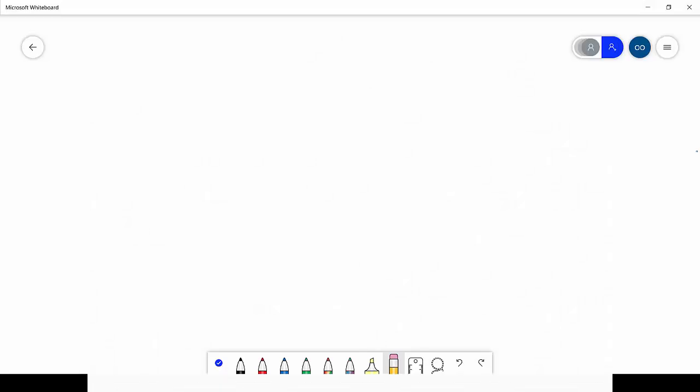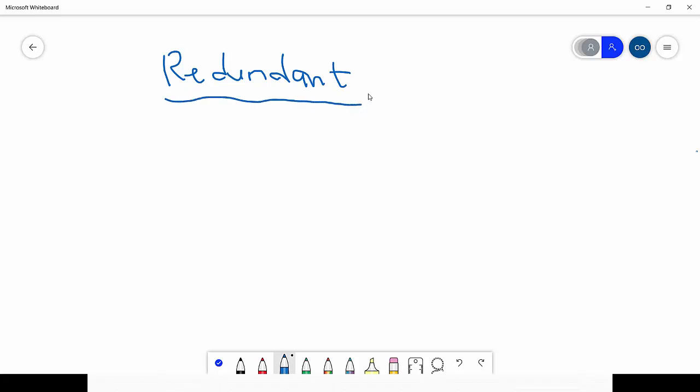What does it mean to say that we want to avoid storing redundant data in our database? Because that's what normalization is going to help us achieve.